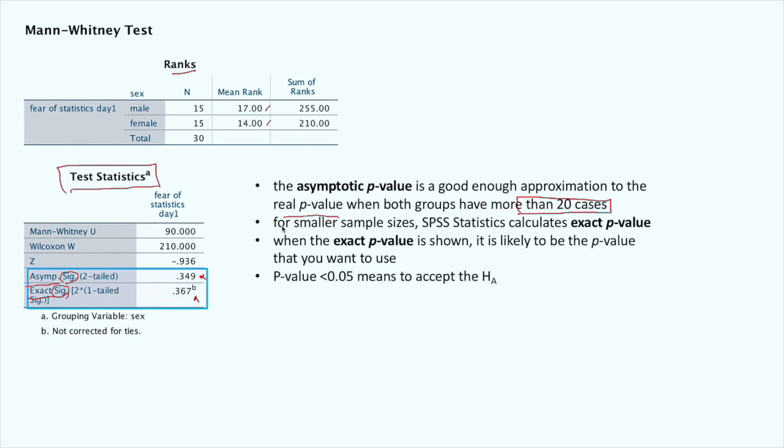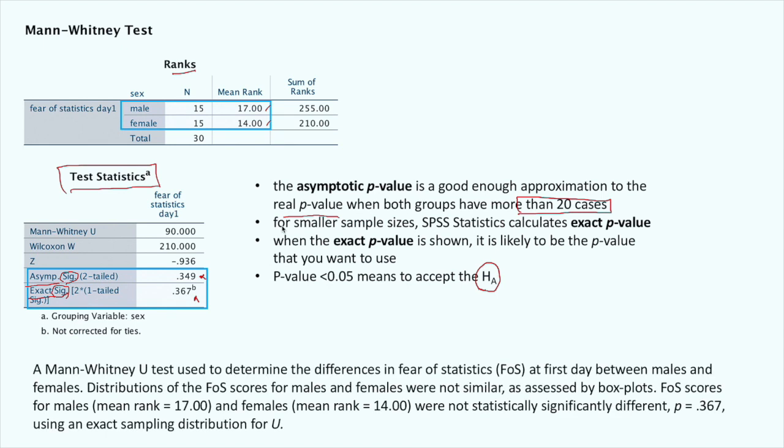And a p-value less than 0.05, or the significance, means to accept the alternative hypothesis or reject the null hypothesis. And here, if we look at the mean rank also, we can use it and explain the result as: a Mann-Whitney U-test was used to determine the difference in fear of statistics on the first day between males and females, and the distribution of the fear of statistics scores for male and female were not similar.